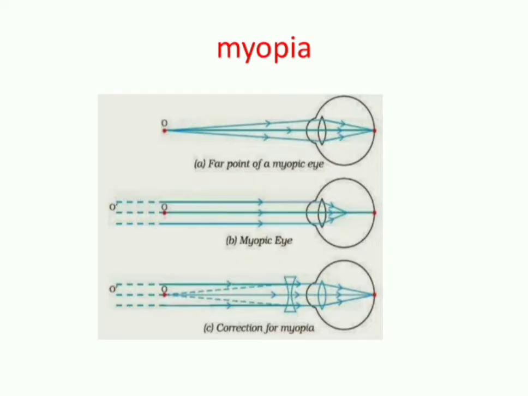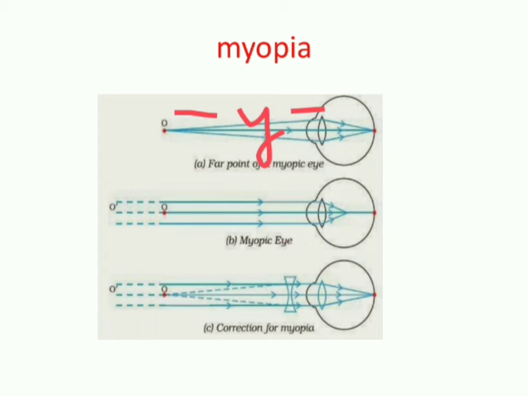Now this diagram shows you the defect and its correction. In the second diagram, when a parallel beam of rays is coming from infinity, the image is not formed on the retina, it is formed in front of the retina. That is the defect. If you keep the object at some distance, as in the first diagram, that distance at which you are keeping the object is nothing but y, the far point of this person.